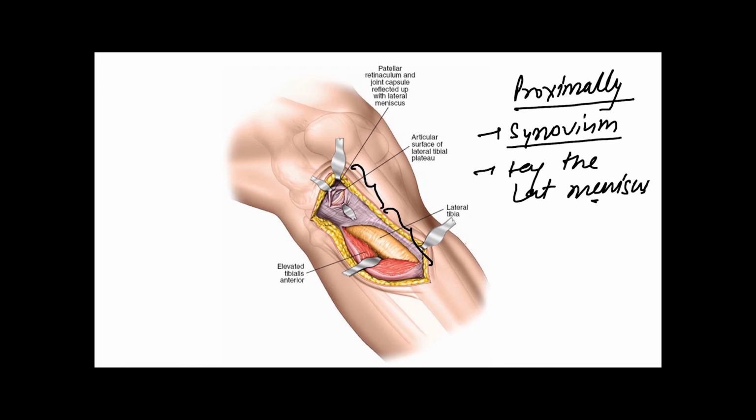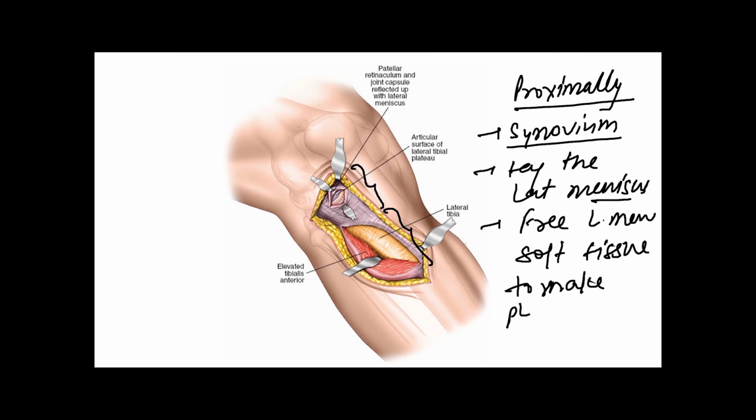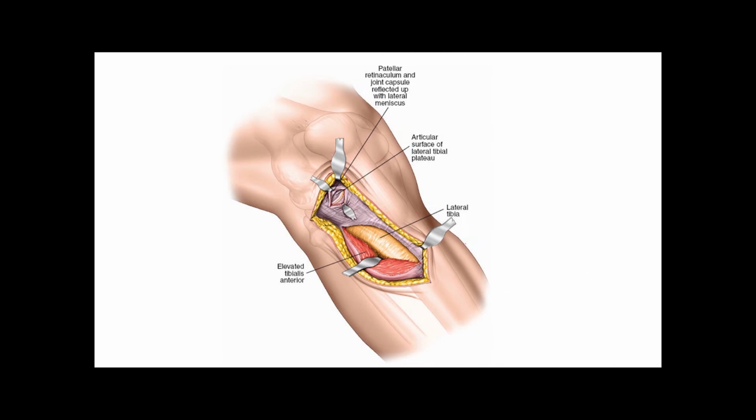Then we will have to free the lateral meniscus from the soft tissue to make a plane between tibial plateau and lateral meniscus. Anterior and the posterior attachment of lateral meniscus must be preserved.